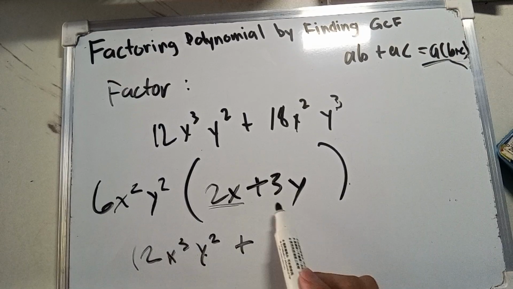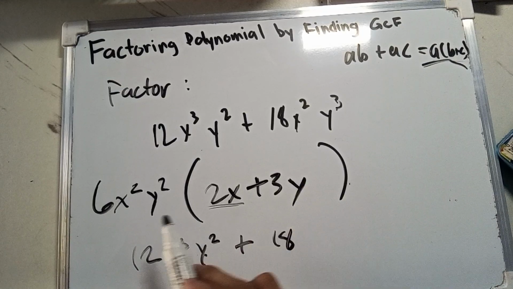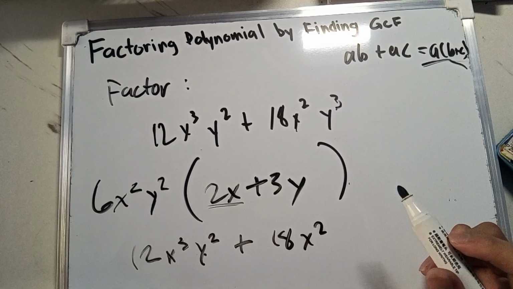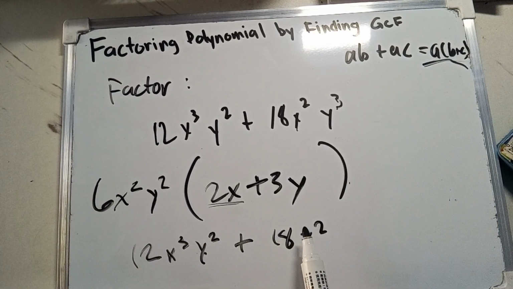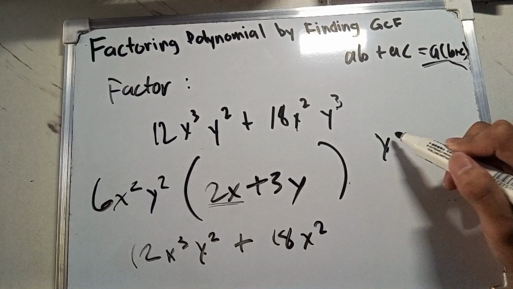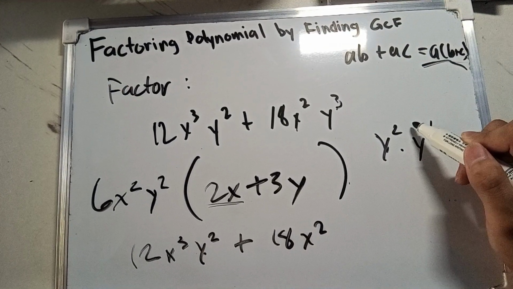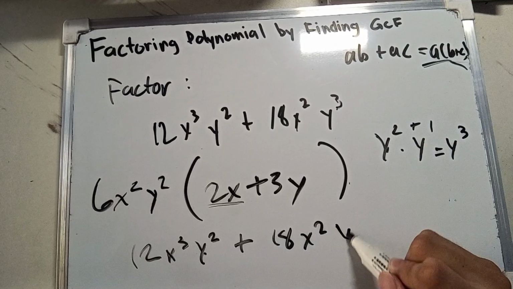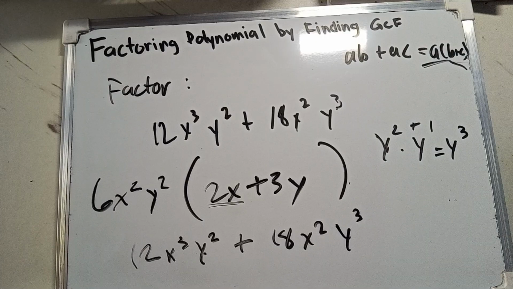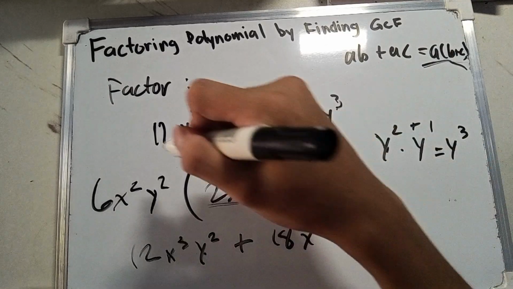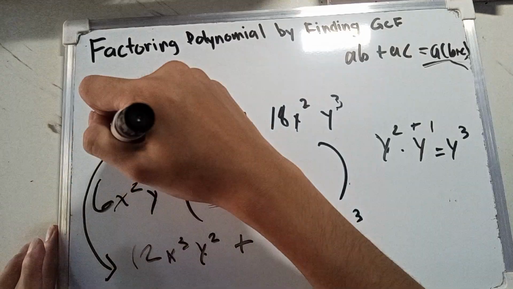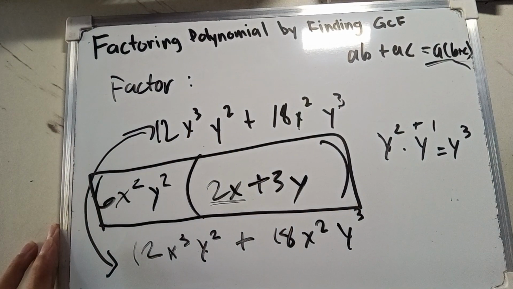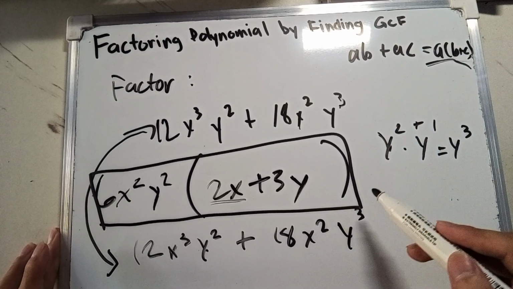Plus 6 times 3 is 18. x squared stays since there is no x in that term. y squared times y is 2 plus 1 is 3, so y cubed. Since these two are the same, this is correct.